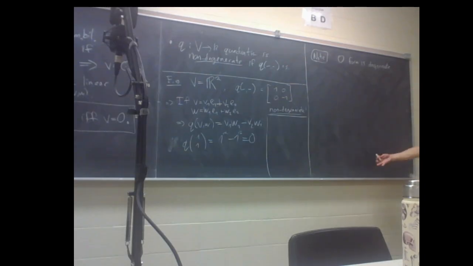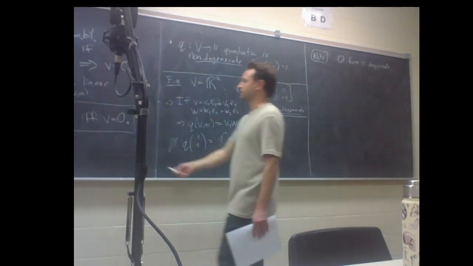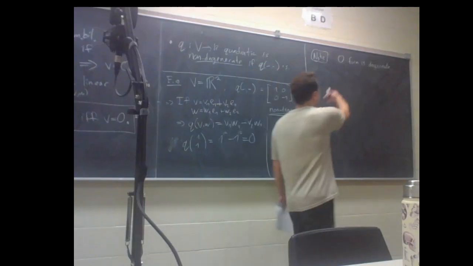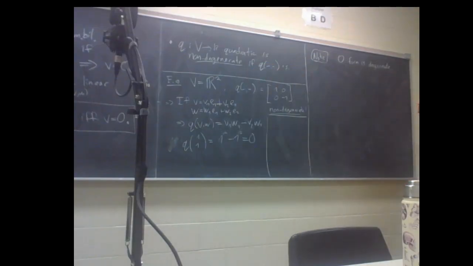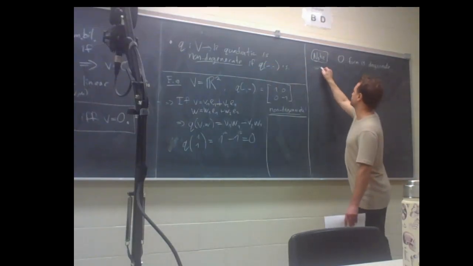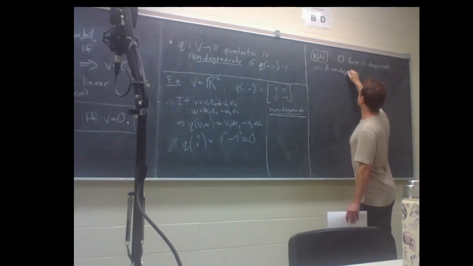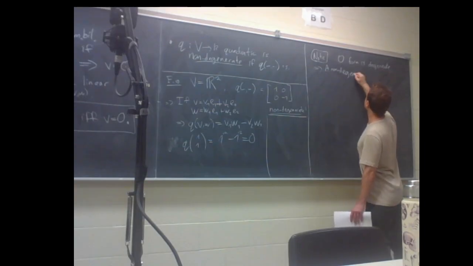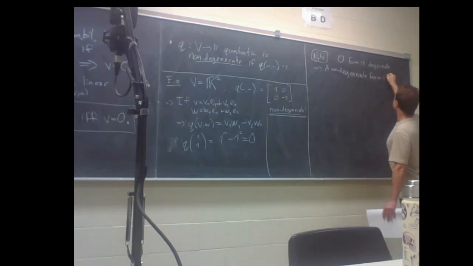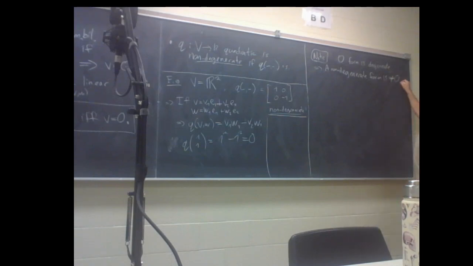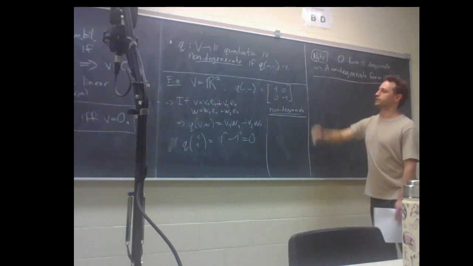And so for every v, the corresponding linear operator is 0. So this is sort of a maximally degenerate form. So in particular, if you take a contrapositive, a non-degenerate form is not 0. That's just an immediate observation.